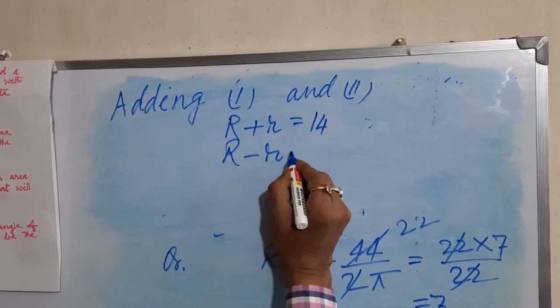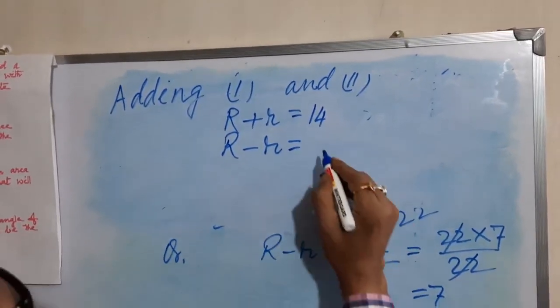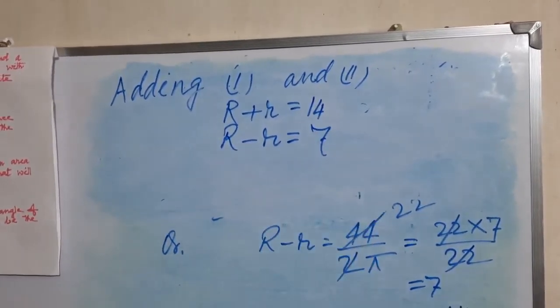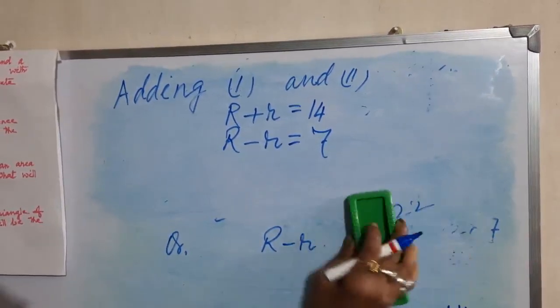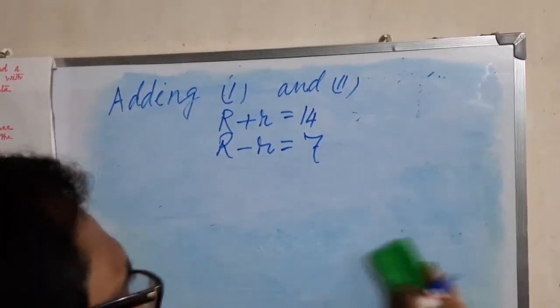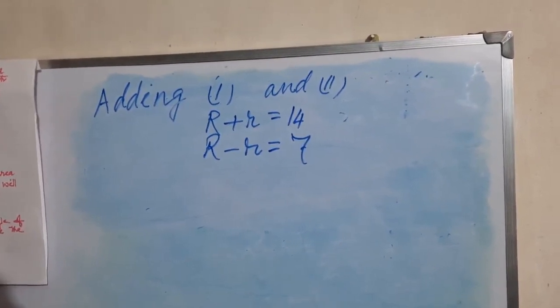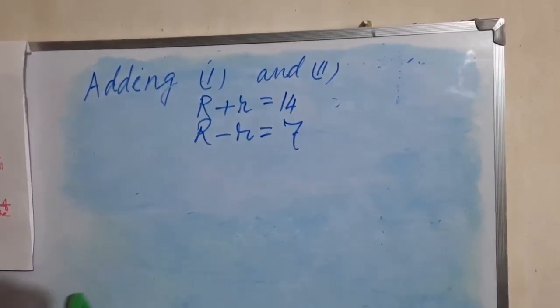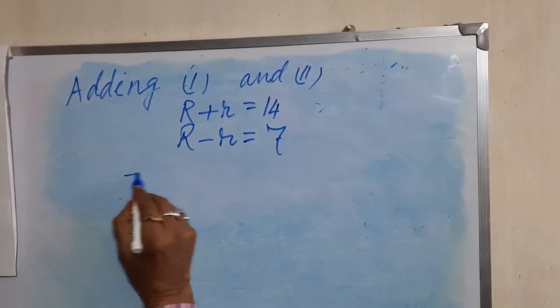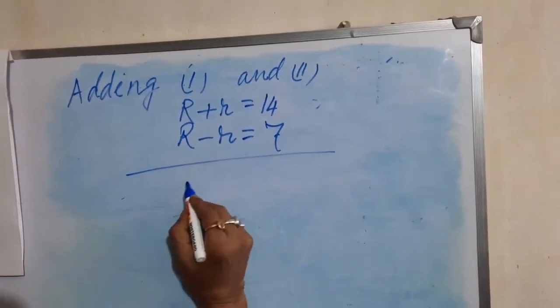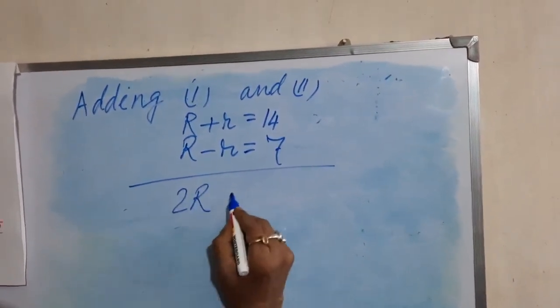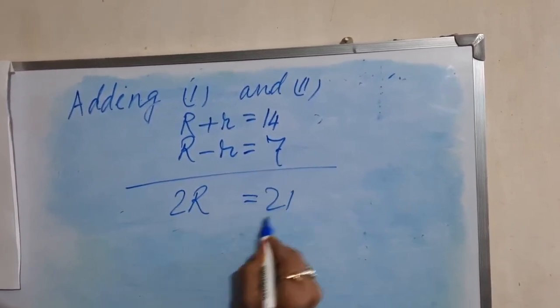R minus small r is equal to 7. Adding, 2R is equal to 21.